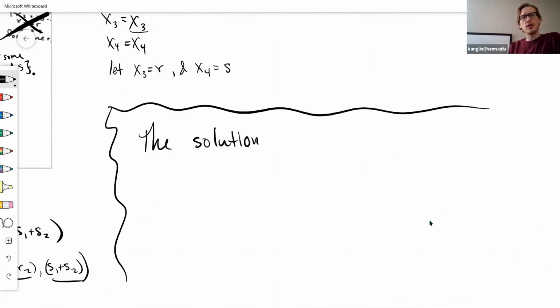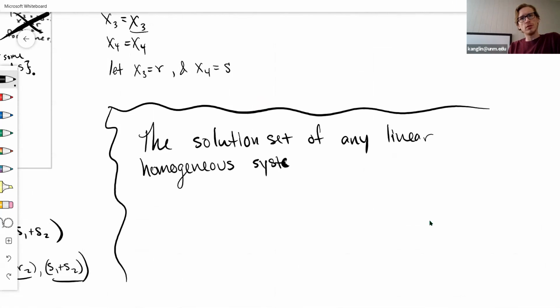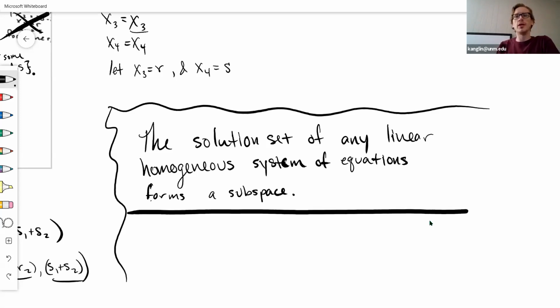The solution set of any linear homogeneous system of equations forms a subspace. Okay, so that was the big result I wanted to end with.